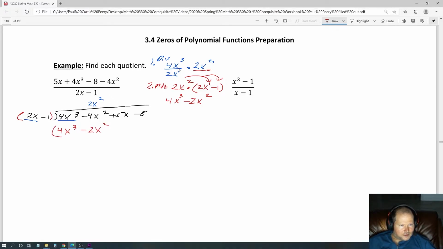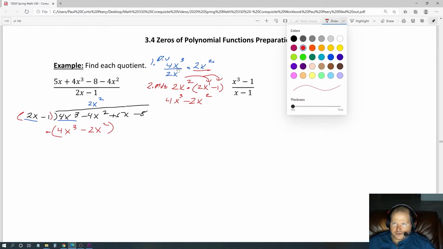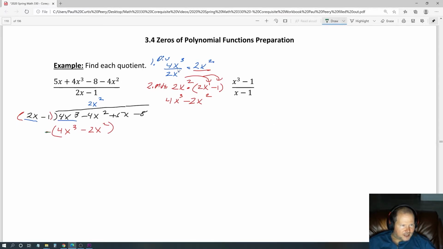Then we subtract all of that, which brings me to the third step, subtraction. 4x cubed minus 4x cubed cancel.